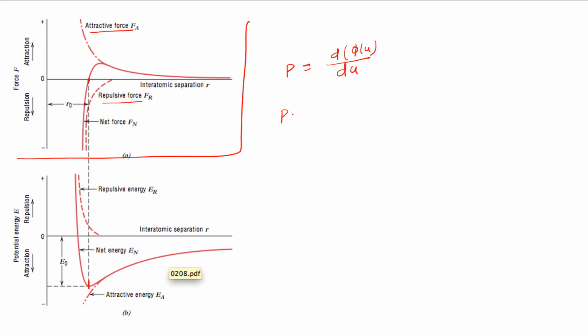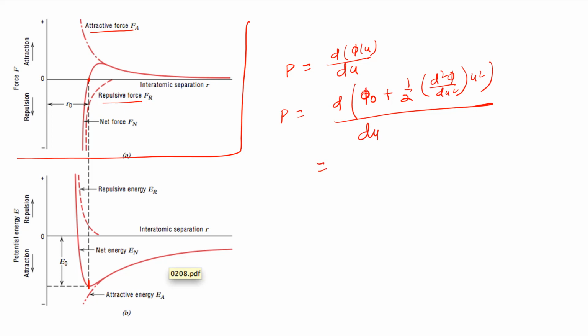So this p we can write d phi u, that is phi naught plus half d2 phi by du square, then u square, divided by du. Since phi naught is a constant term, it will be 0, plus half d2 phi by du square, then this will be 2u, right?